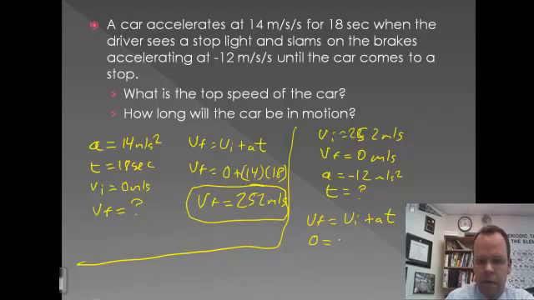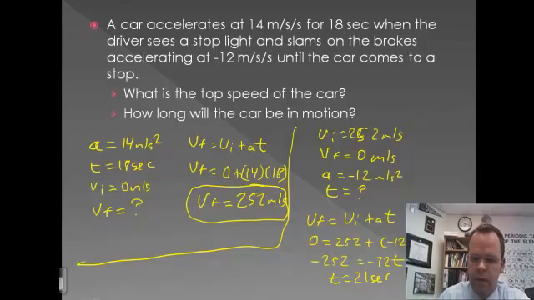So 0 equals 252 plus negative 12 t. Negative 252 equals negative 12 t. So now the time would be 21 seconds for it to come to a stop.